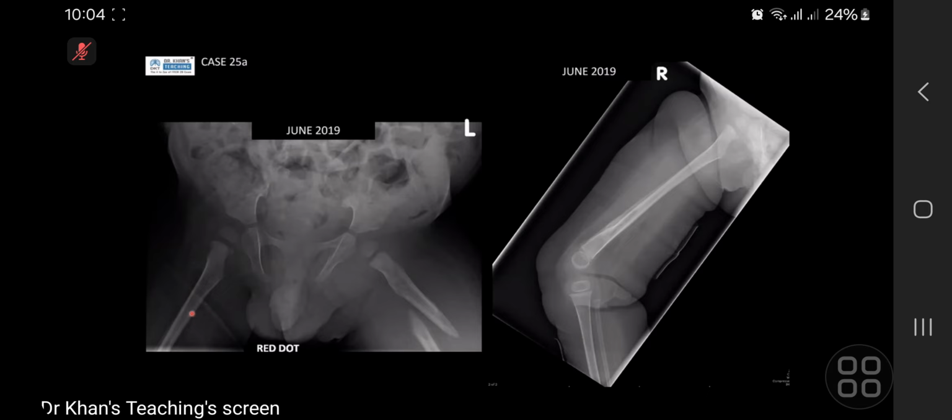What do you think of this? There's a periosteal reaction, a lamellated type of periosteal reaction in the visualized femur. Okay, and then how about the left hip or the left leg? This is the left leg.